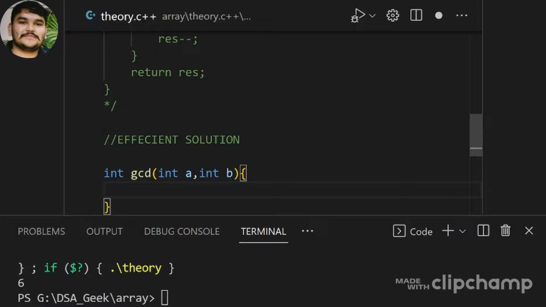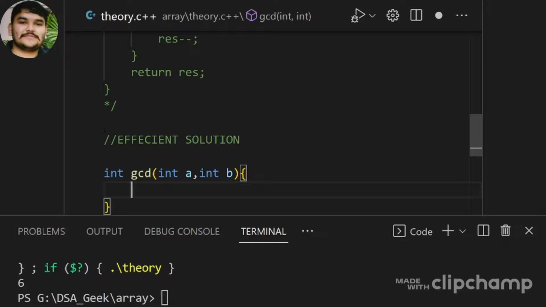If you take a pen and paper, I'm not considering the case of three numbers, I'm considering the case of two numbers. If my B is 0, automatically my GCD is A, because factorization of 0 is not possible. It is not doable. So GCD is itself A.